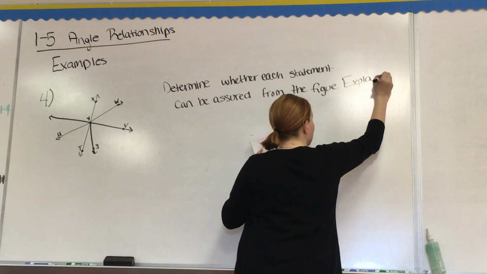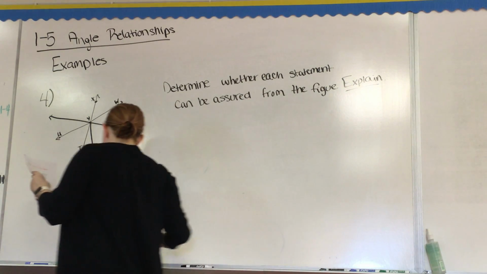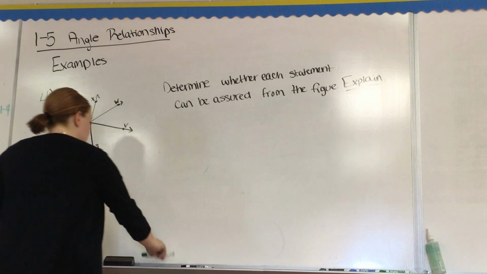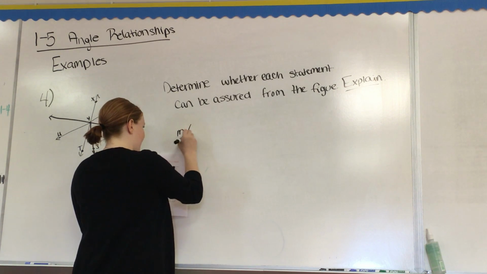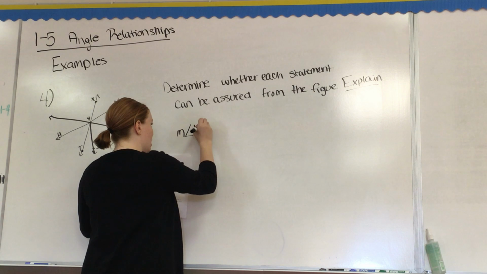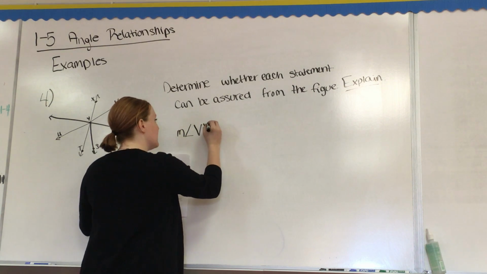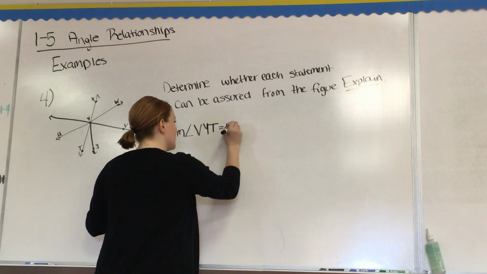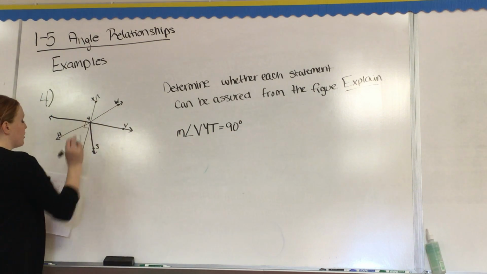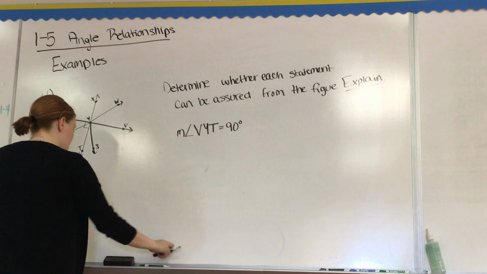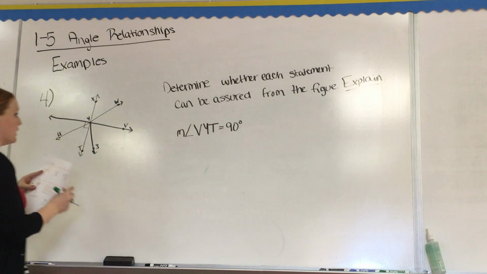If you don't explain, you will get half off. Big points right there. So the first one is the measure of the angle VYT equal to 90 degrees. And we do have a little square right there, okay? So it's the measure of VYT equal to 90.